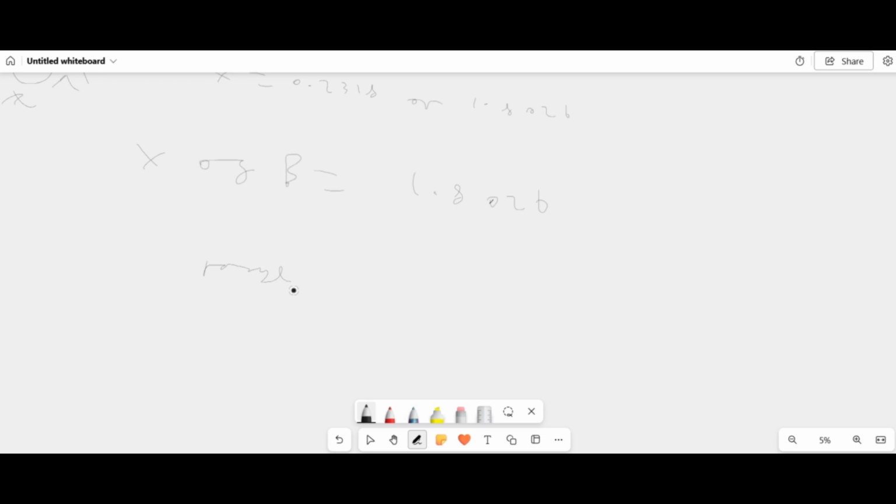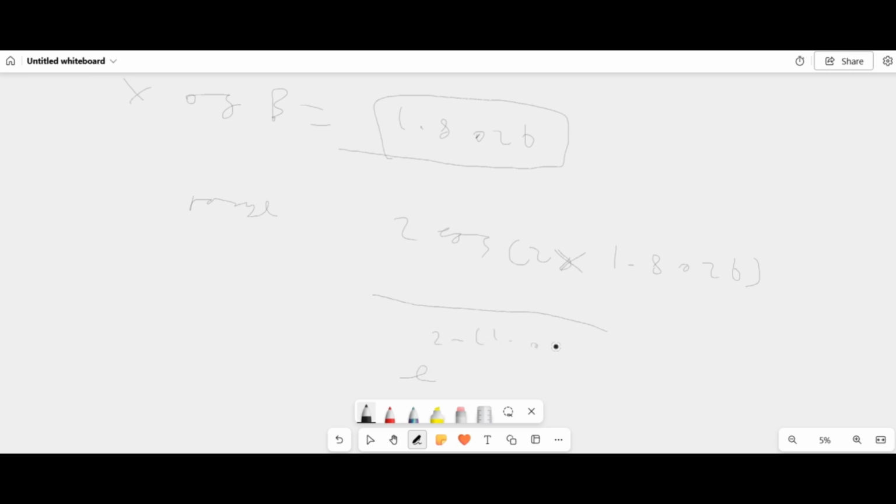For the range here, I'm going to need to substitute this whole thing of x into the y. Y was equal to what, bro? I can't even remember. Y was equal to 2 cos 2x over e. So it's going to be 2 cos, so instead of 2x, it's going to be 2 times 1.8026, which is the y equation that was given in the question, over e to the power of 2 minus 1.8026.